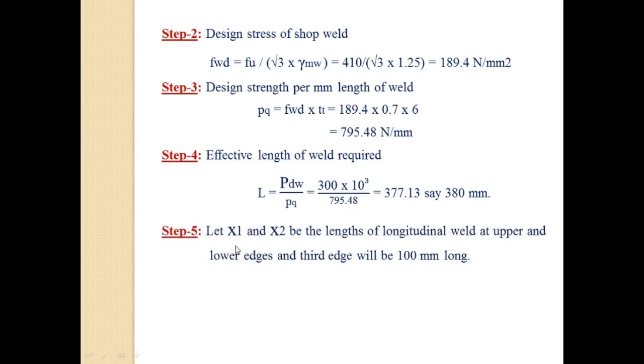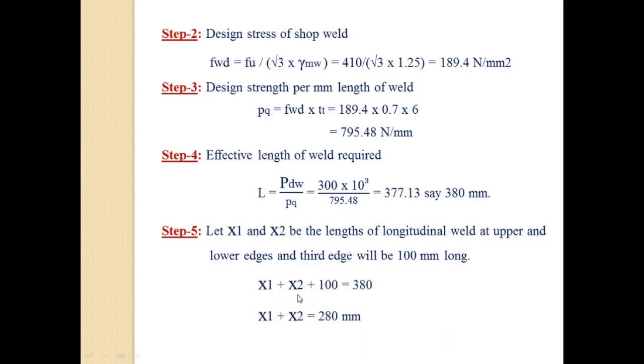So step number 5: let x1 and x2 be the length of longitudinal weld at the upper and lower edge. We are providing the weld on all three sides, so the third edge will be 100 mm, the size of the angle. So the transverse weld we are providing is 100 mm. Now calculate x1 and x2. The total length we know is 380 mm.